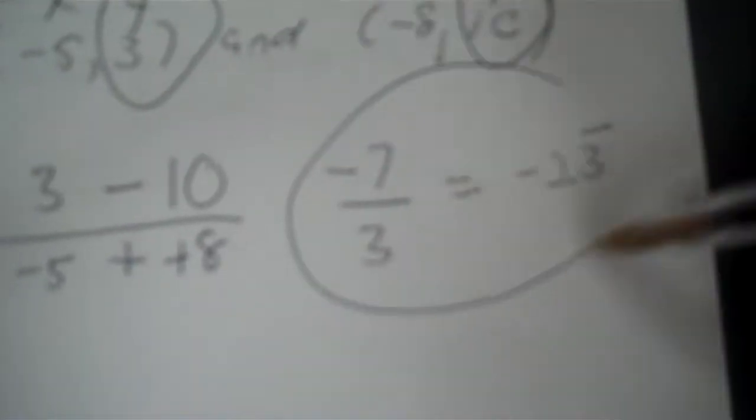So 3 minus 10 is negative 7. Negative 5 plus positive 8 is going to be 3. Negative 7 divided by 3 is negative 2.3 repeating. Now, if I get a decimal, I'm actually going to circle both of those because they both represent slopes.